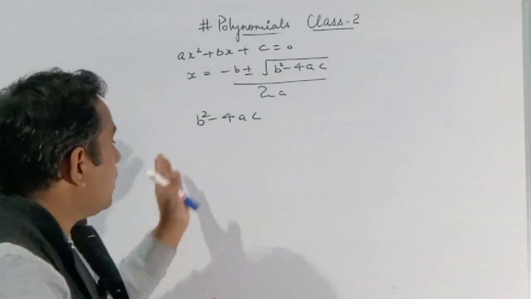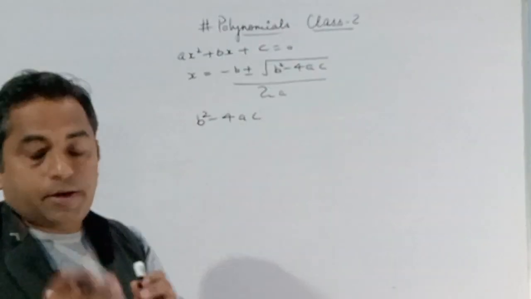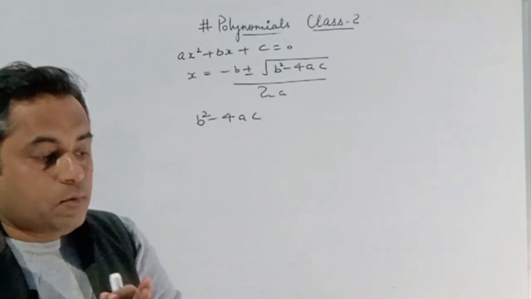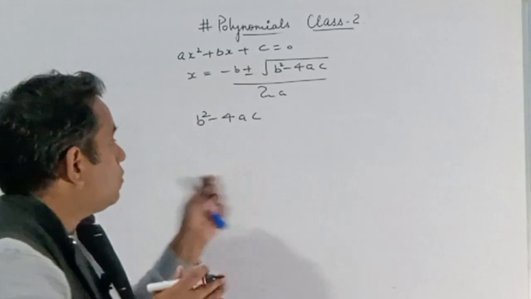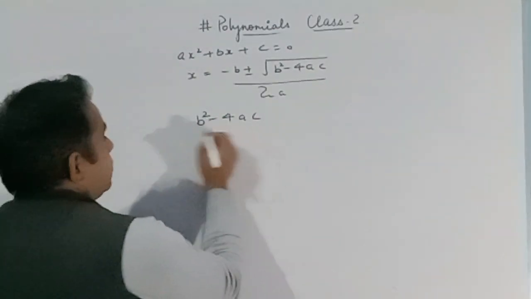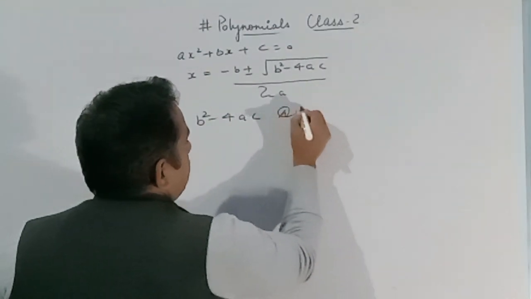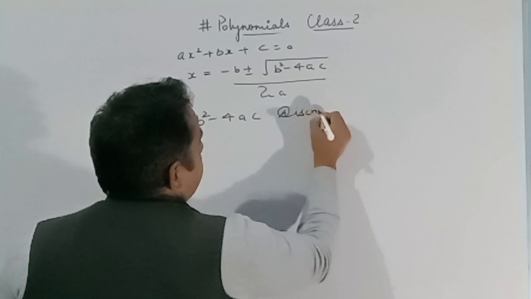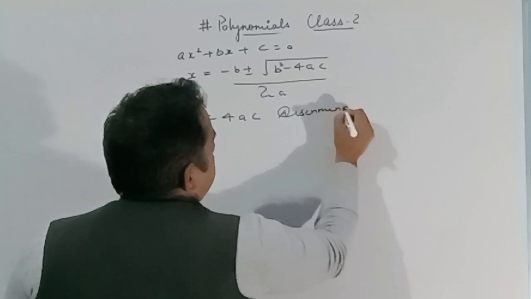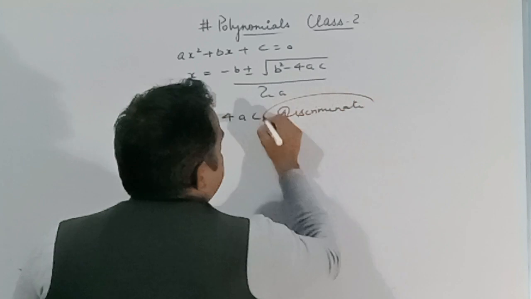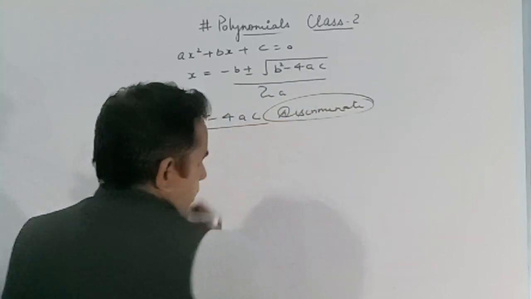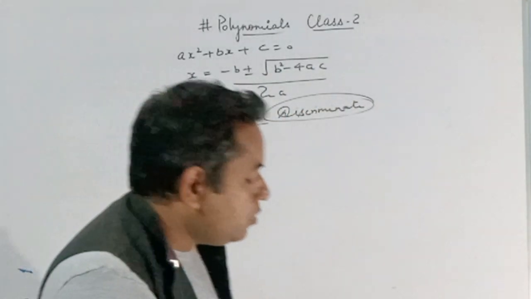So our next topic is the nature of the roots. This expression is called the discriminant. So now we will discuss the nature of the roots.